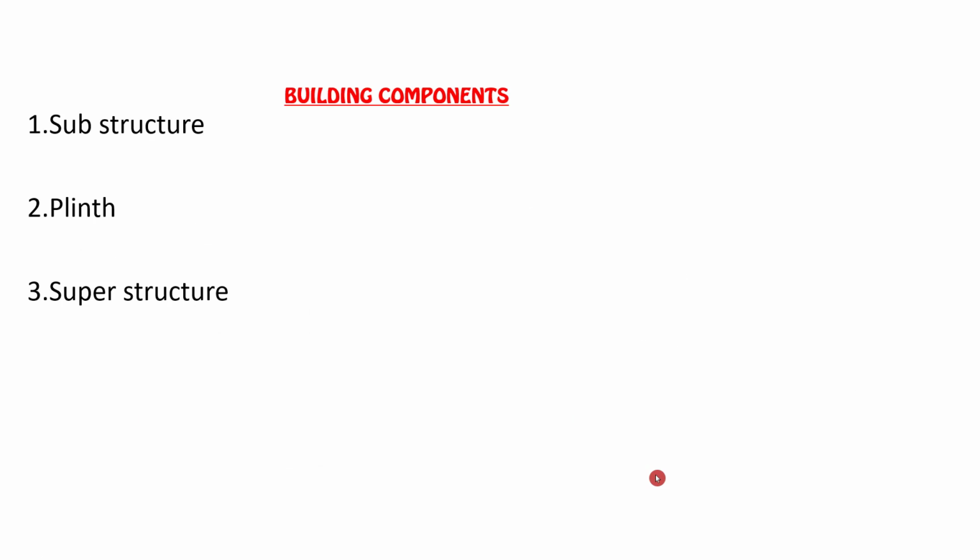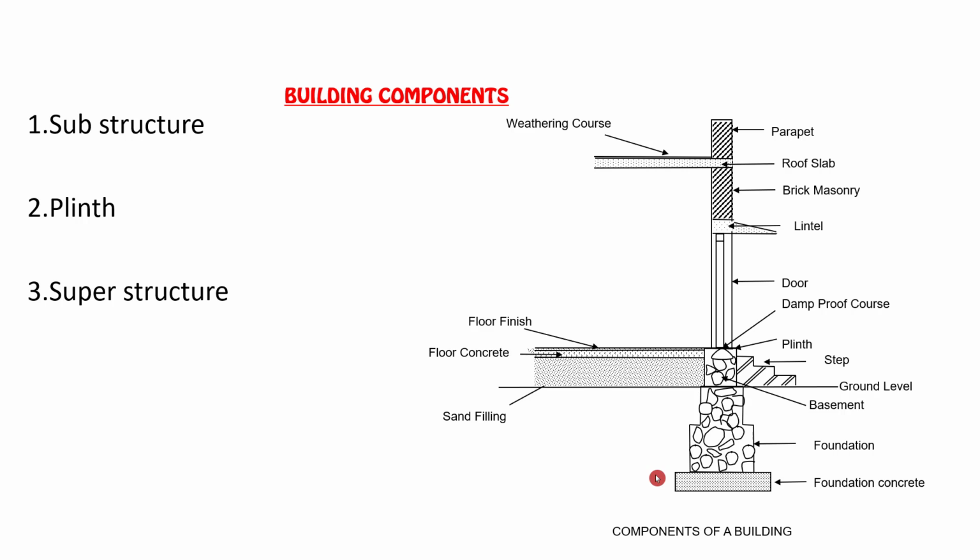So as I told you, the building components can be generally classified into three. One is called the substructure. If you see the cross section of a building, you can see the foundation concrete. This picture shows a section of a single story or two-story building like the houses where you live.